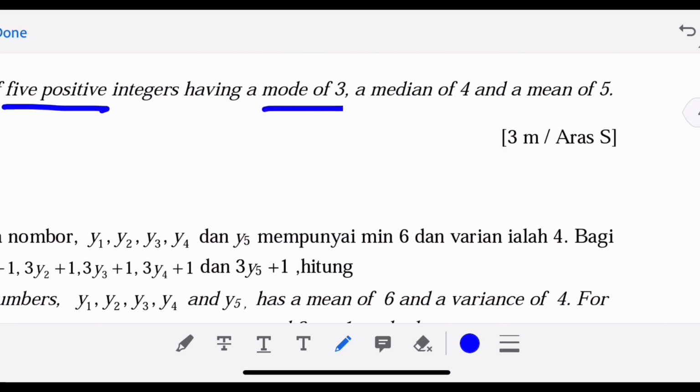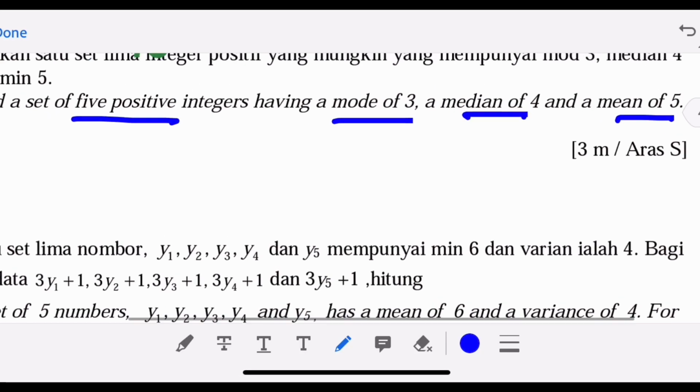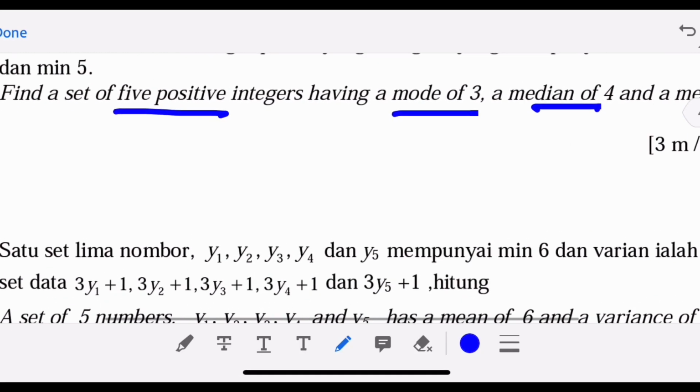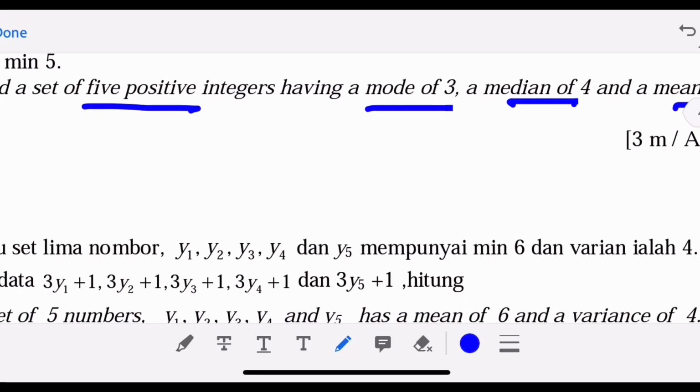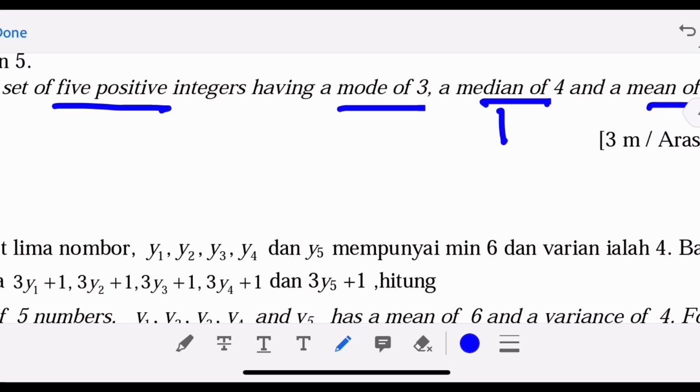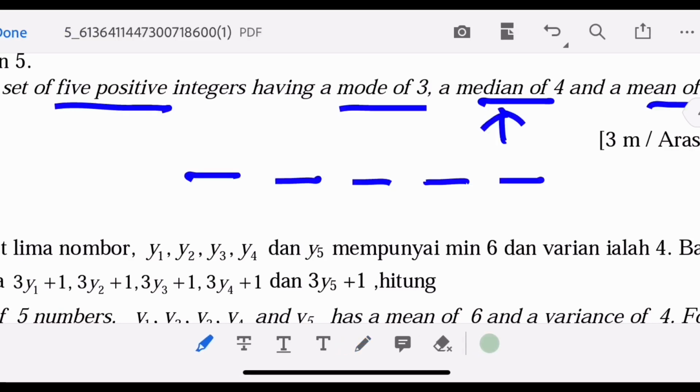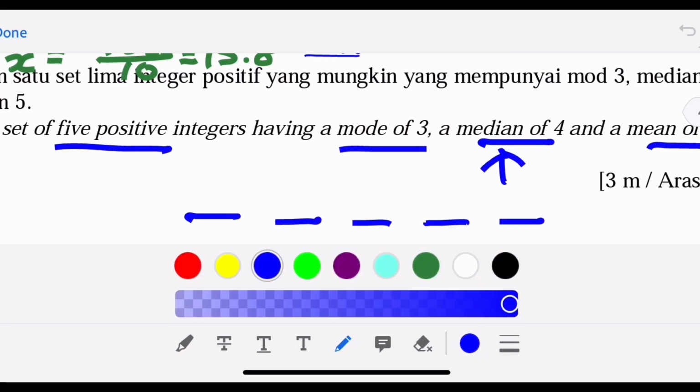You are given 5 positive integers. Okay, 5 positive integers having a mode of 3, a median of 4 and a mean of 5. Okay, for this question we have to think first. So first of all, the median 4 must be the data at the middle.